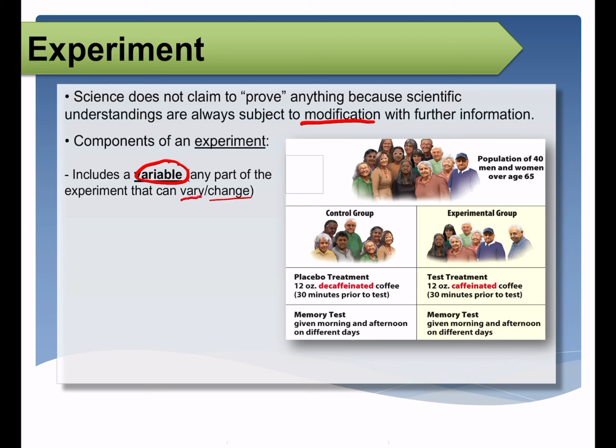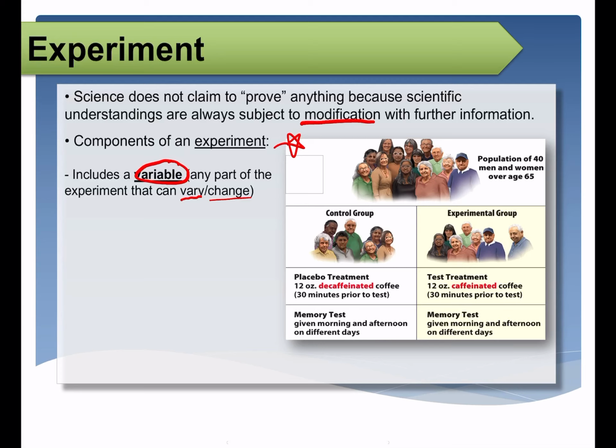So for example, in this particular experiment right here, they are testing a population of individuals over the age of 65 for the effects of caffeine on memory. So in a well-designed experiment, usually we can only change one variable at a time, so the conclusions will not be obscured due to changing two things at the same time.